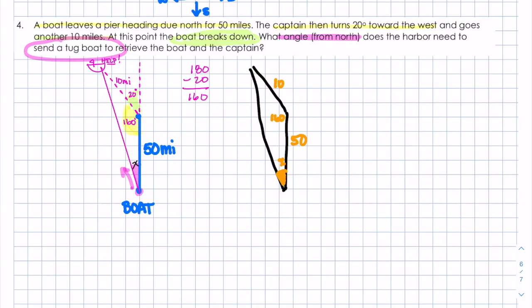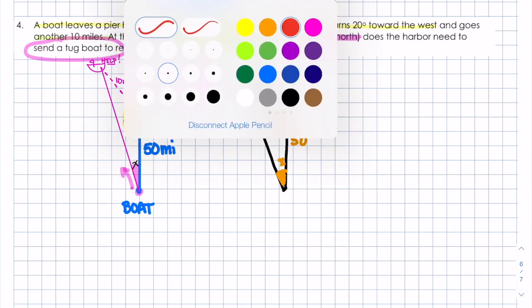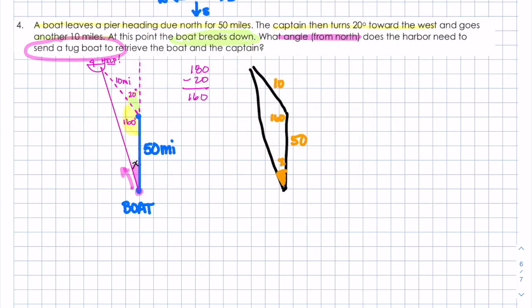If I try the sine law, I can do this with this, right? But notice that I can't really match anything else. So this side would go with this angle, which I don't know. And this angle would go with this side, which I don't know. So I have too many unknowns to use the law of sines.